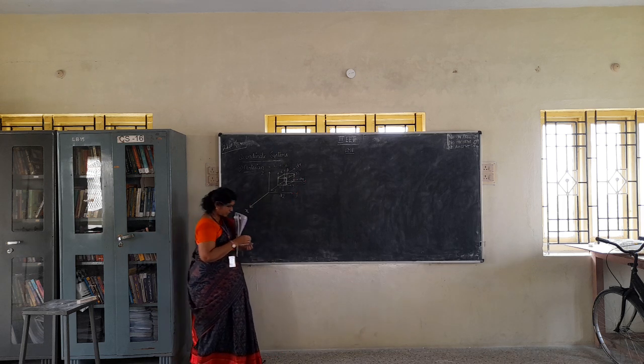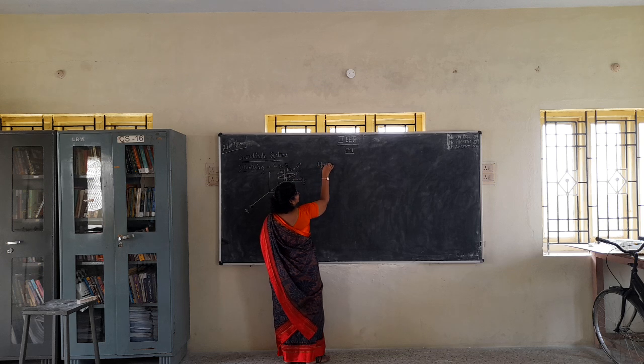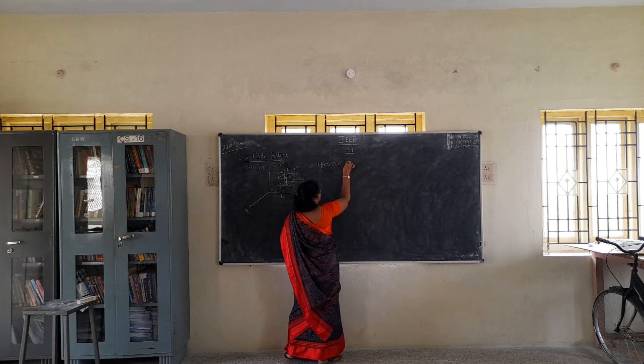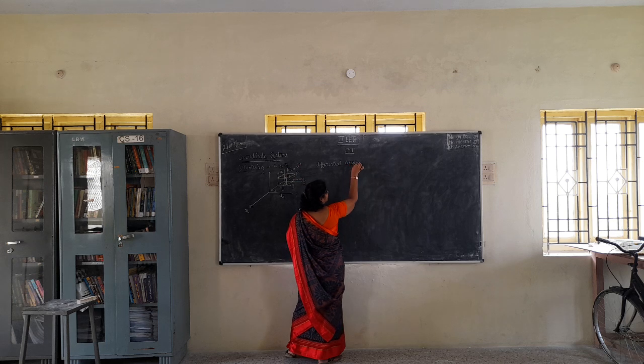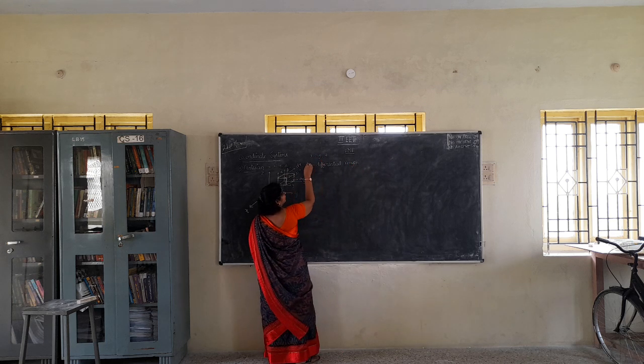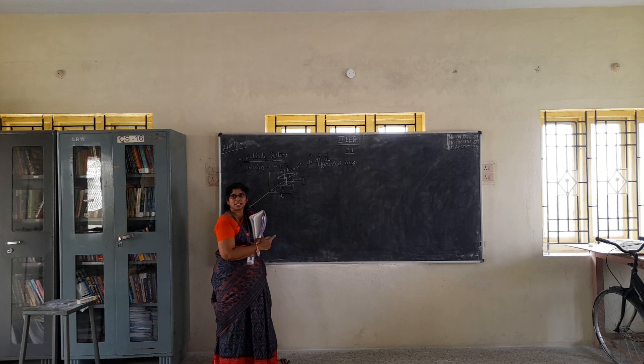Okay, so differential length: initially it is at x, y, z. After the change, x is changed as dx, y is changed as dy, z is changed as dz.